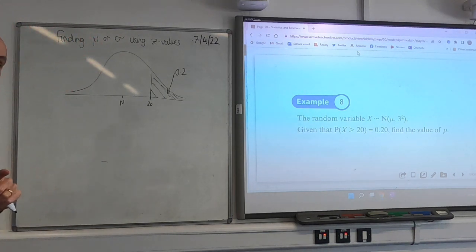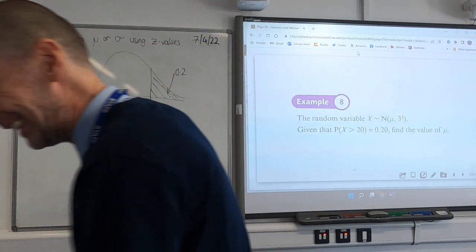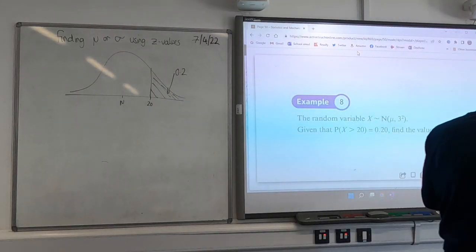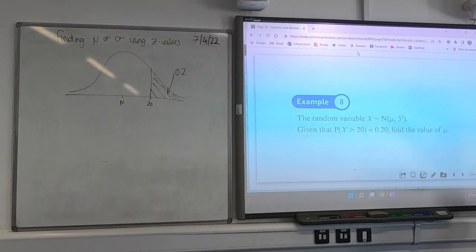So here's what I'm going to do. I'm going to turn to page 34 in my formula book and see what it tells me about how many standard deviations away from the mean you go to get a probability of 0.2. So I'm switching to red ink because I'm now looking up a z value.